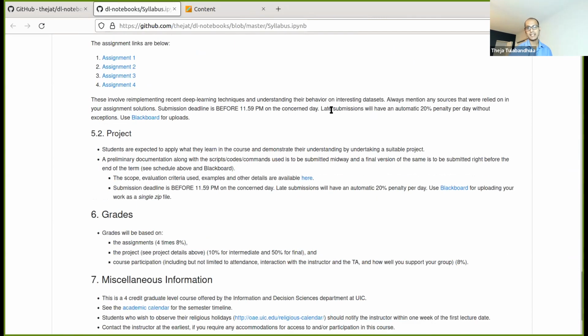Advanced planning is going to help. Late submissions have an automatic penalty of 20%, which is not too much, 20% of the assignment component, but it's something to be cognizant about.